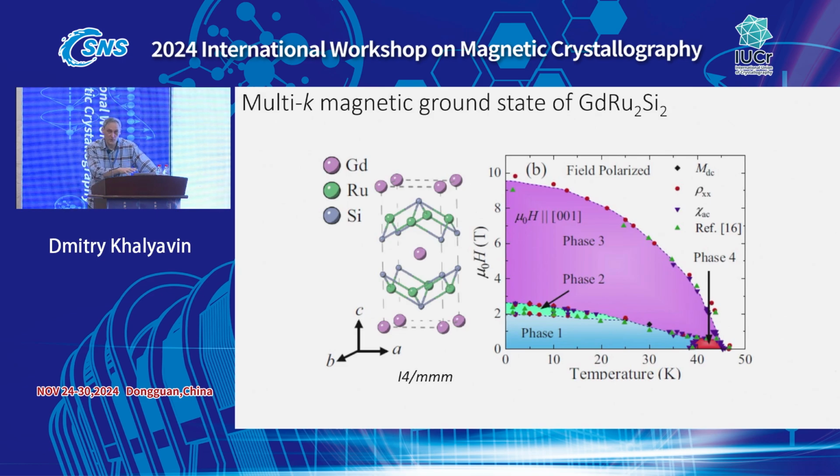But again, the skyrmion phase here in the phase diagram appears in field. In our study we were first interested in the ground state, because in order to understand what interactions stabilize the skyrmion phase in applied field, we need to understand the ground state of that material first.